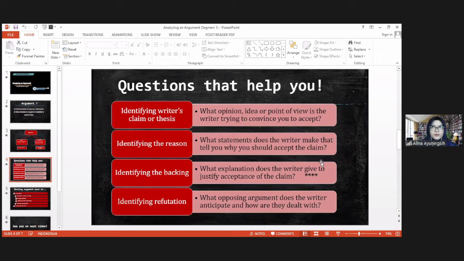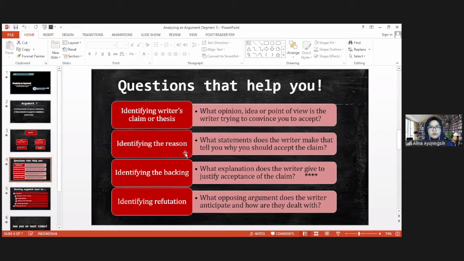In the previous example of the argumentative essay, the author wrote "school uniforms are a better choice for three reasons." Di situ ada kata reason, tapi reason di situ bukan reason yang ini. Dia lebih ke klaimnya. Jadi opininya si penulis adalah pakai seragam itu better choice karena 3 alasan.